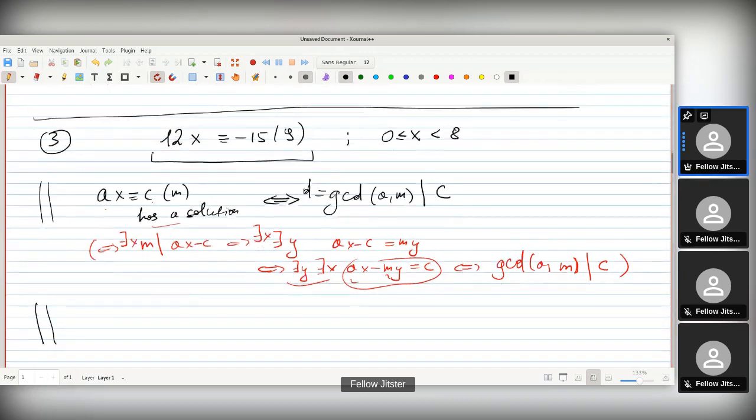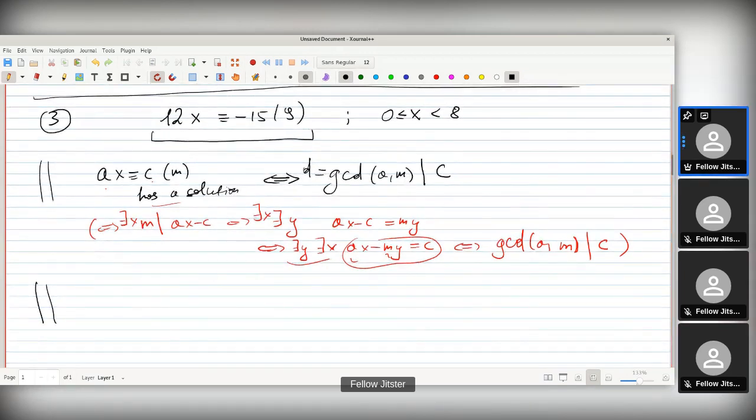But what if indeed D divides C? Assume that our D divides C. Then which solutions do we have?